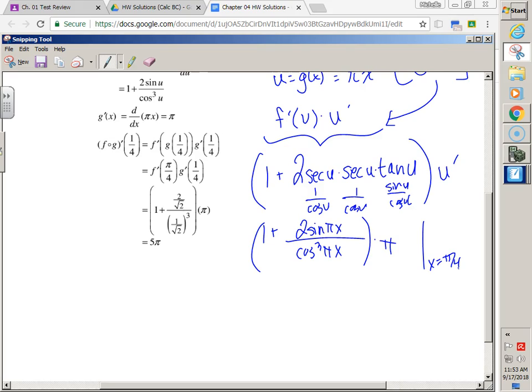Wait, is u pi over 4 or x is pi over 4? I think x is 1 over 4. Okay, good. Whew, I was like, pi squared, this is not good at all. Okay, 1/4. Very good. You plug the pi x in for x instead of u.